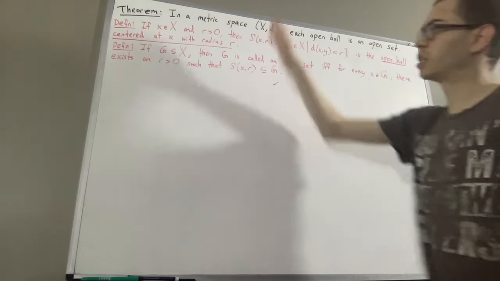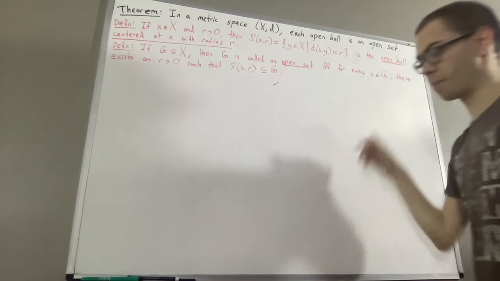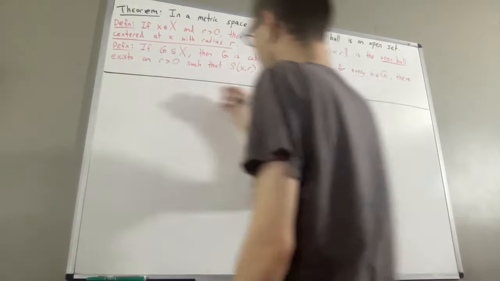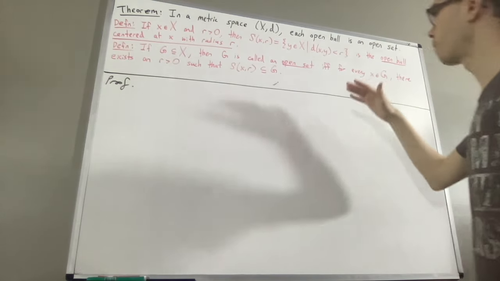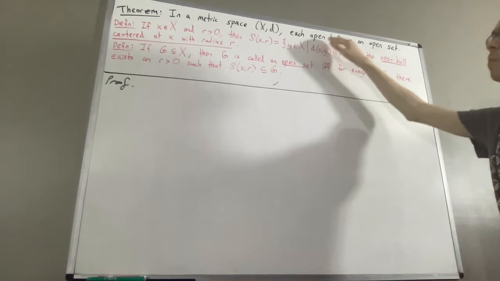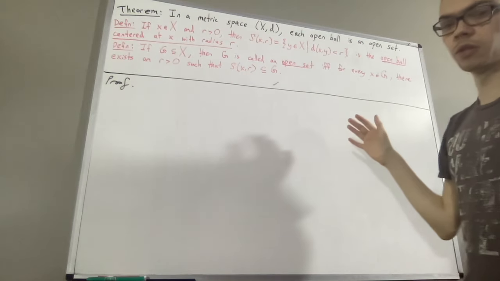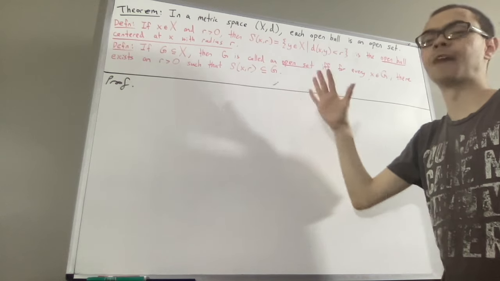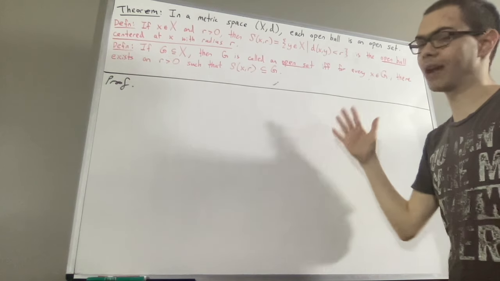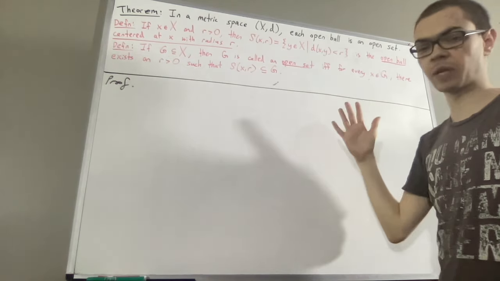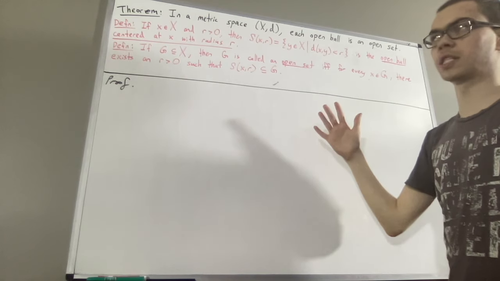Okay, so now let's get into proving this theorem. To start out the proof, let's give ourselves an arbitrary open ball in our metric space. Let's say it's S of x naught comma r naught, where x naught is some point in our metric space and r naught is some positive real number.